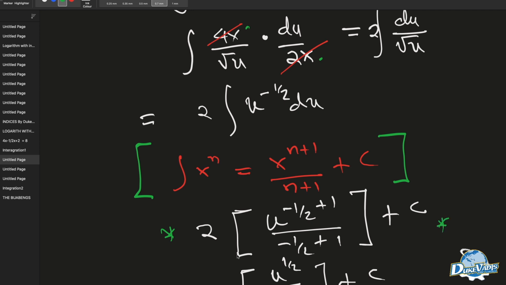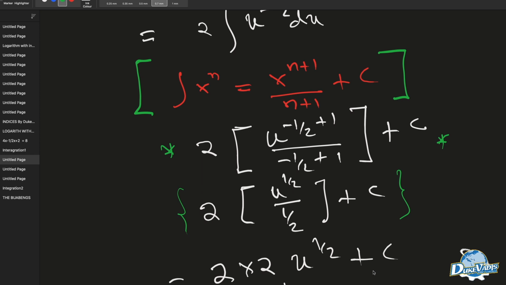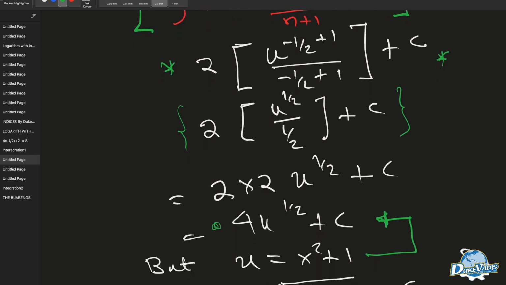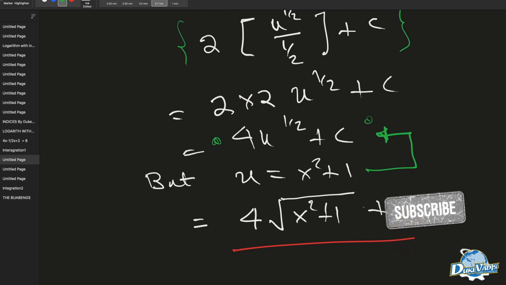So I bring the 2 out. This will be u raised to the power minus half plus 1 divided by minus half plus 1. When we compute this, we end up having 2 times 2 multiplying u to the power half plus c. Eventually this is what we get. Everything is supposed to be in terms of x, not in terms of u, because we substituted the u.